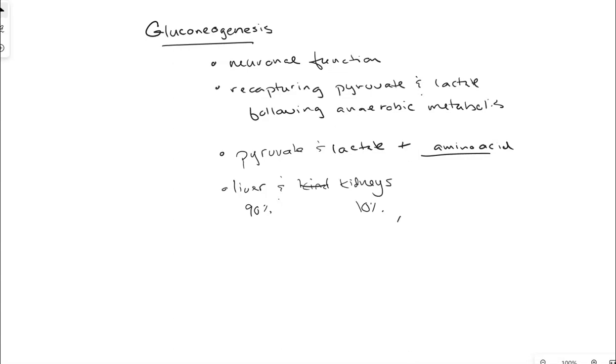Secondly, the processes of glycolysis and gluconeogenesis must be regulated in a reciprocal fashion so that when glycolysis is active, gluconeogenesis is inhibited. And when gluconeogenesis is proceeding, glycolysis is turned off completely. This prevents loops where you're just wasting energy metabolically.